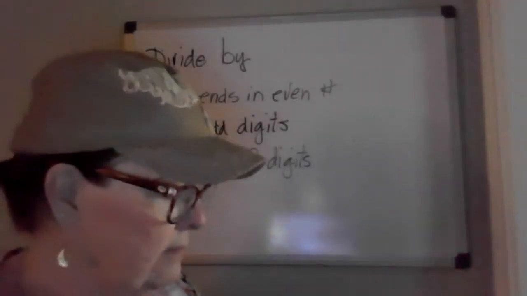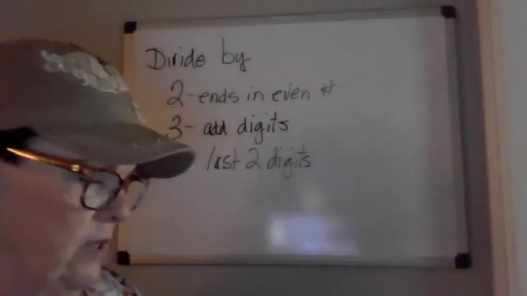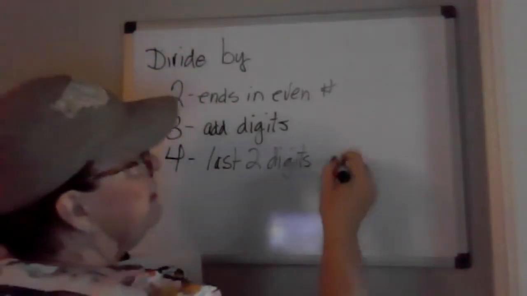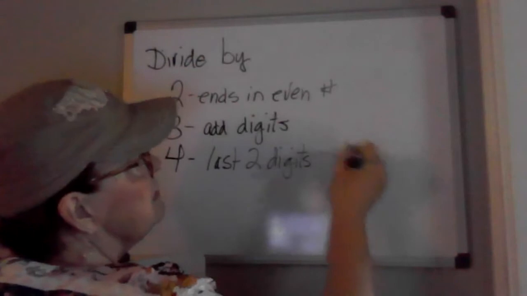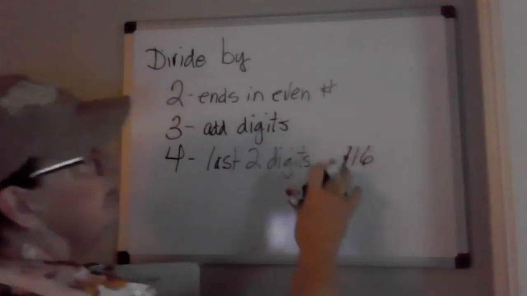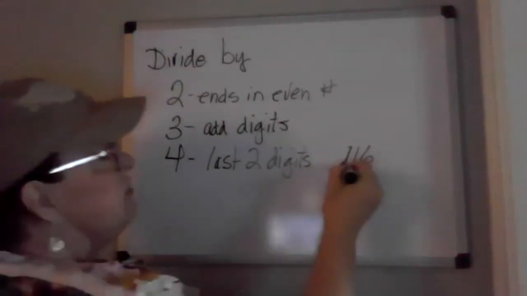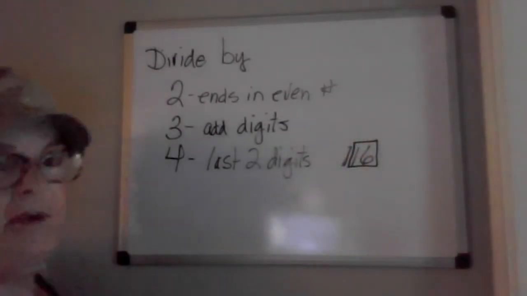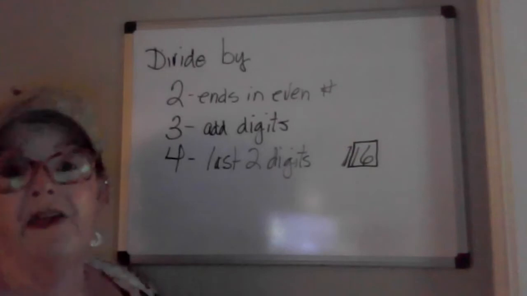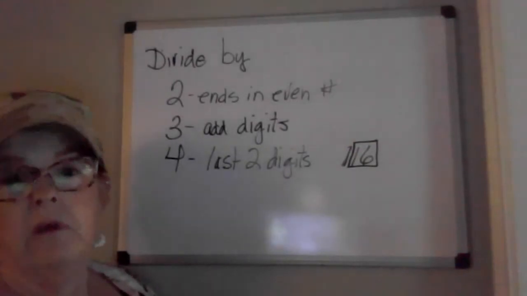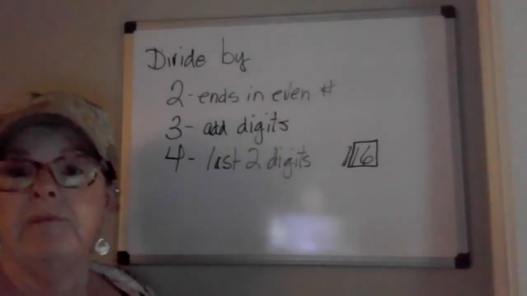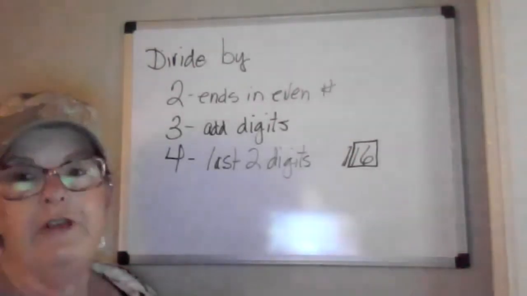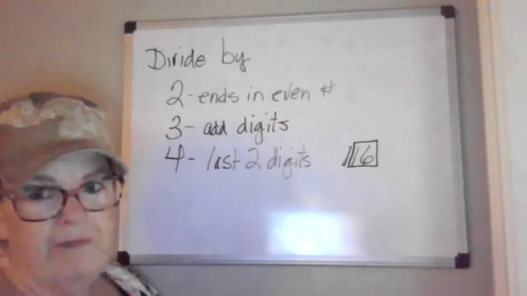Let's look over here. An example would be 116. If I had the number 116, I look at the last 2 digits, and if they'll divide by 4, then the entire number will divide by 4. Y'all see?